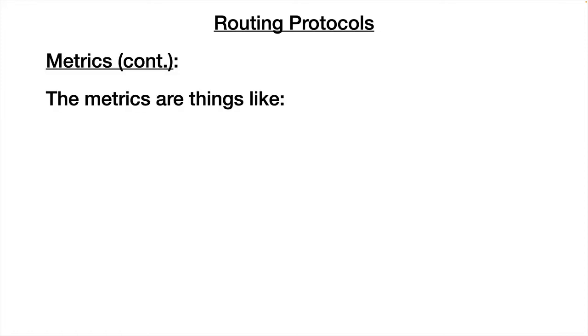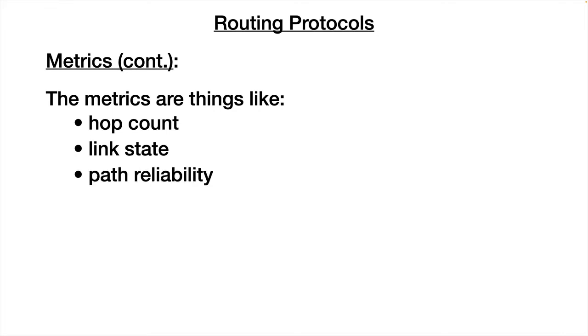Metrics are things like hop count, which is how many routers it has to go through to make it to the destination. Link state is whether the link or the port and the network connected to the port is up or down. How reliable is the path?